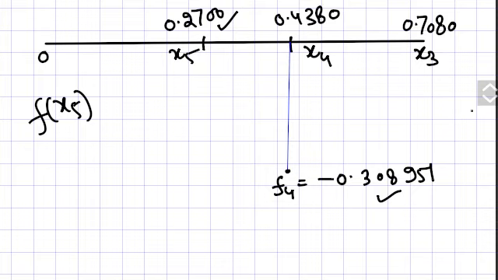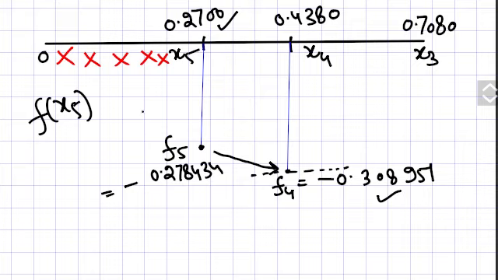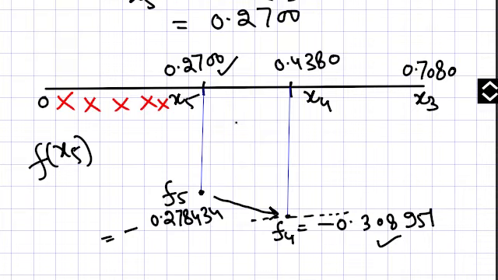So let's see what value we get. This time you are getting a trend like this. So you can see that our minimum will lie somewhere here. So now we will remove this area, because we are sure that our minimum will not lie here. We will concentrate our attention on this area now.